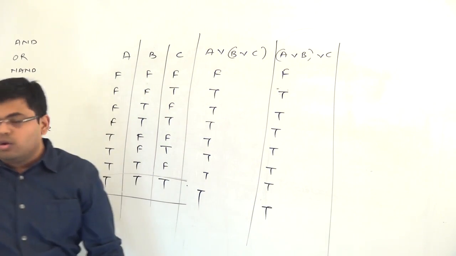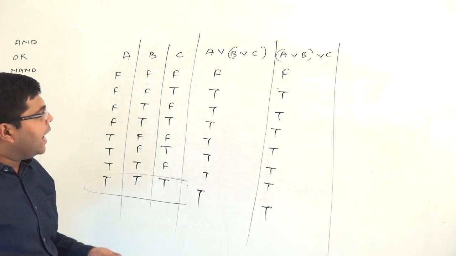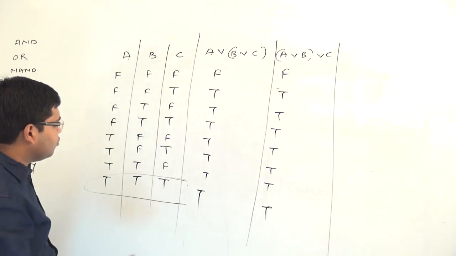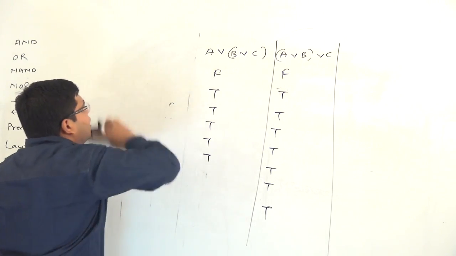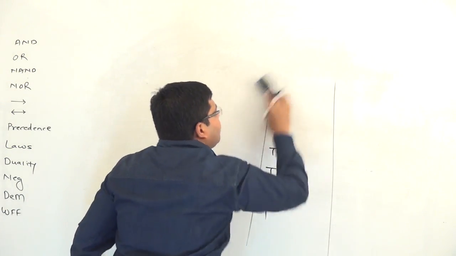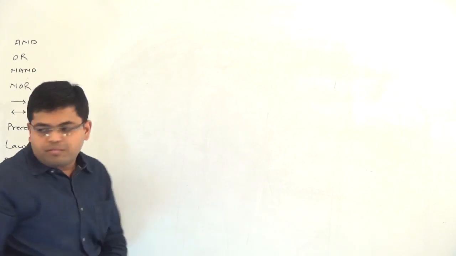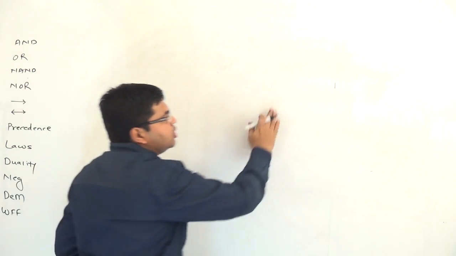Okay. Now, in order to check whether NAND is associative or not, I will follow the method of contradiction. And what does that mean? See, first of all, we will draw the tables for NAND.